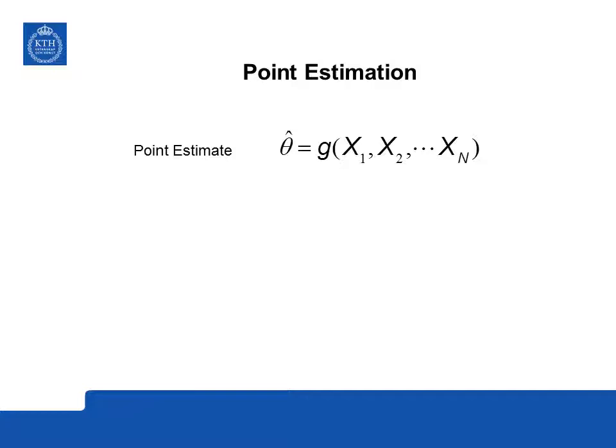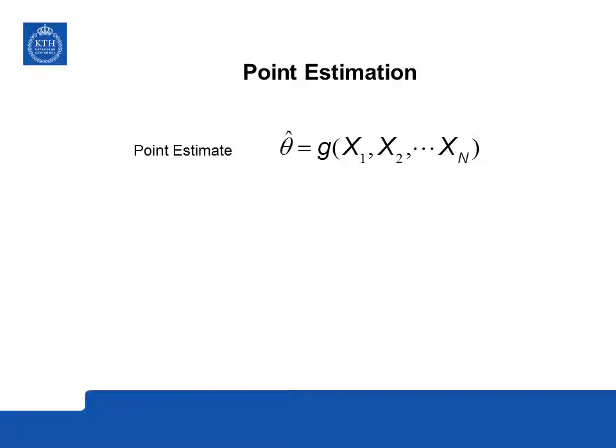So we put it into a function g, and that will derive the point estimate theta hat. So this will be a single value. And since the x1 to xn are random variables, so random numbers, then also theta hat will be a random number that hopefully gets as close to the real value theta as possible.